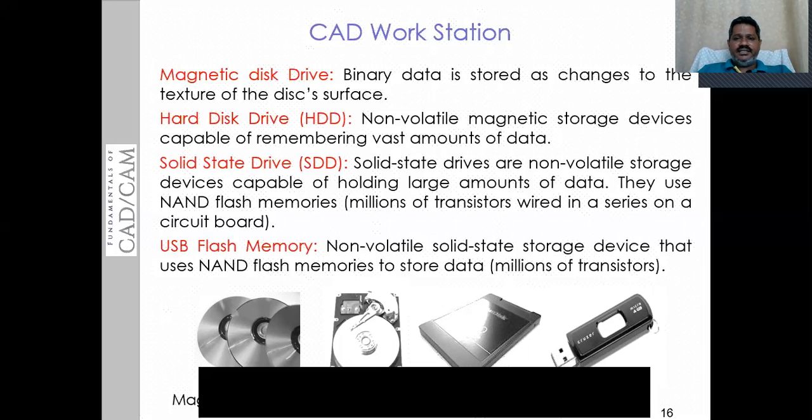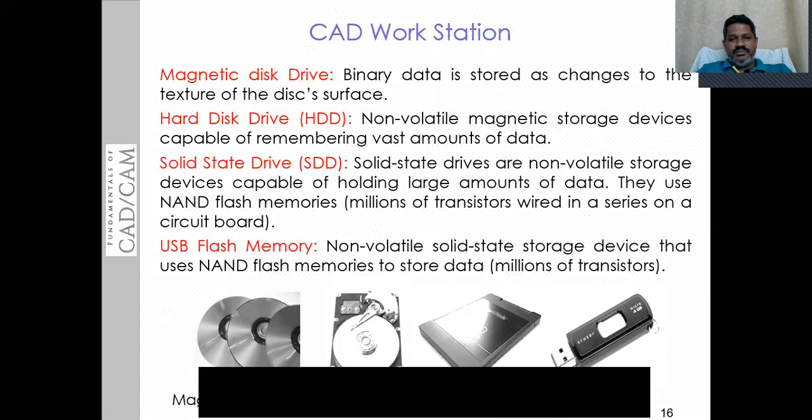The HDD is a non-volatile magnetic storage device capable of remembering a vast amount of data.